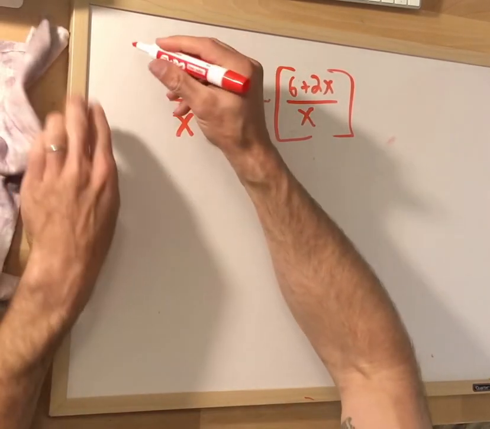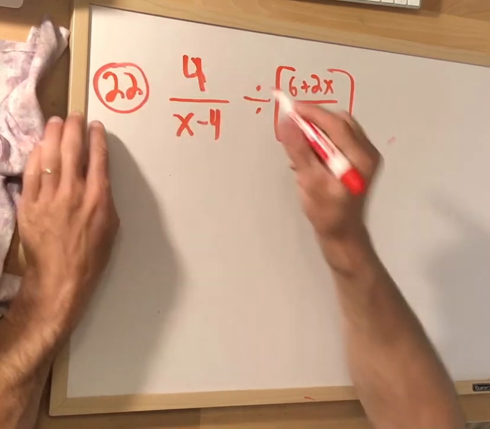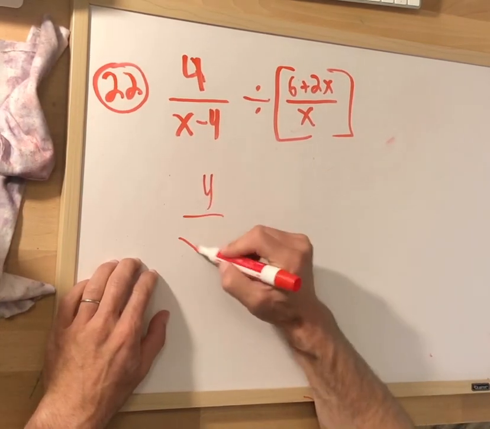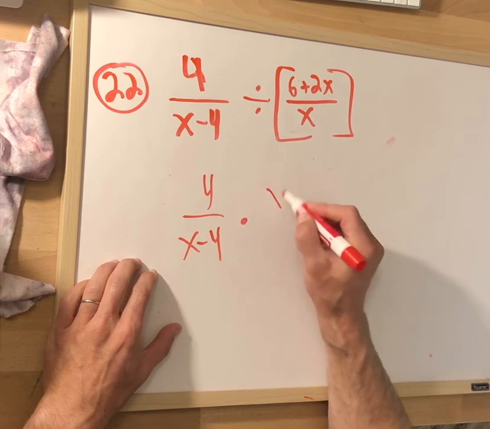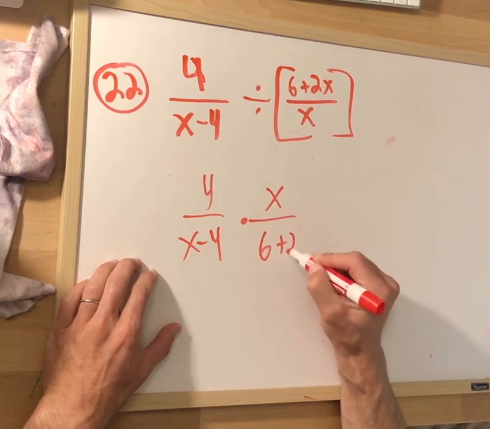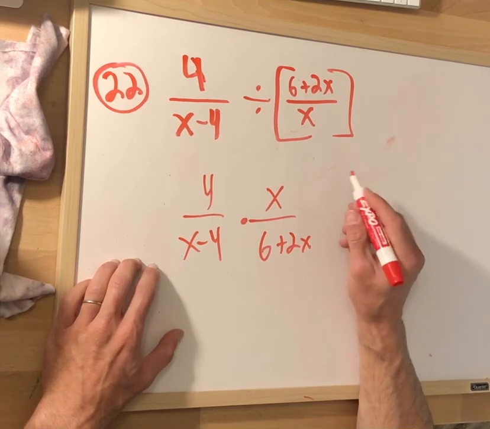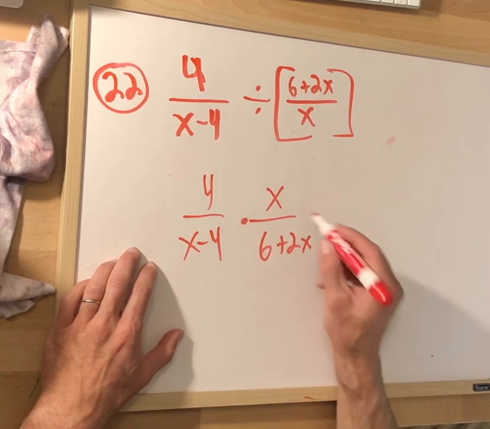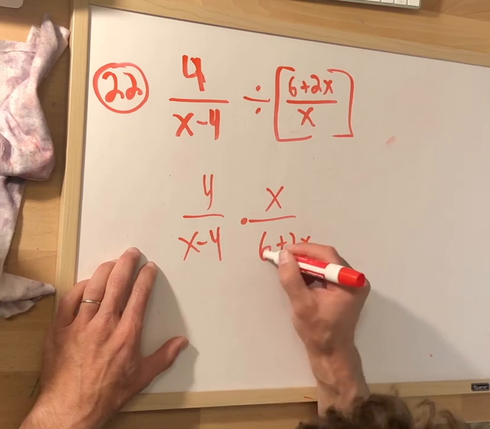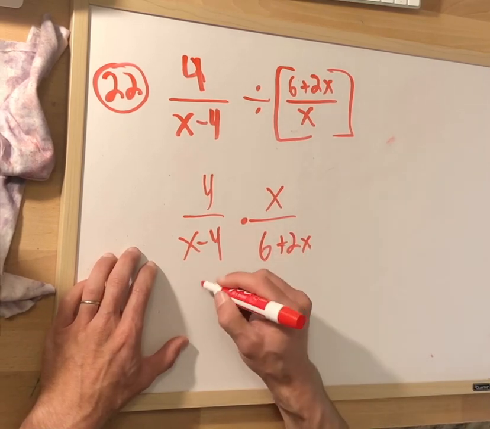This is question number 22. So I have 4 over x minus 4 times x over 6 plus 2x. All right. What I can do is this. I can pull a 2 out from both of these.